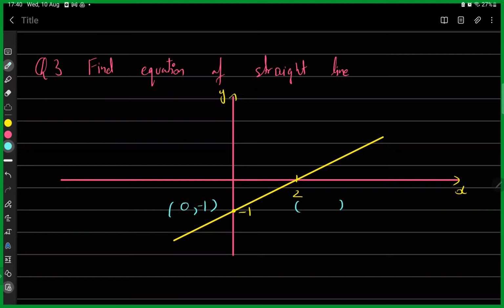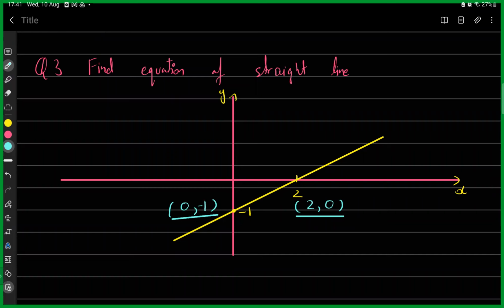Similarly, if the x coordinate is 2 on the x-axis, the y coordinate is going to be 0. And now once you have 2 points, you can easily find the gradient using y2 minus y1 divided by x2 minus x1. Use any of the 2 points and then find the equation.